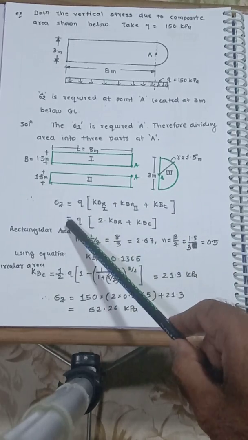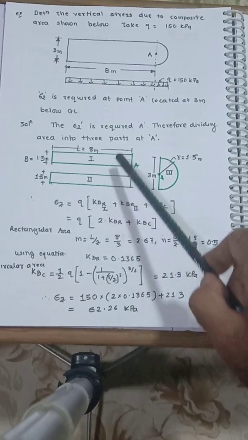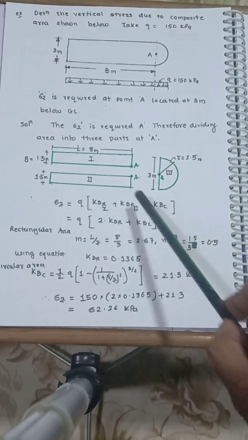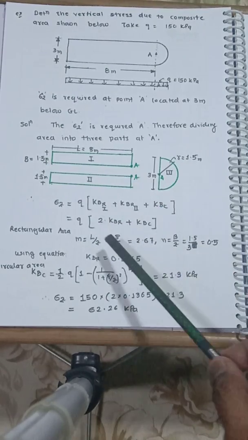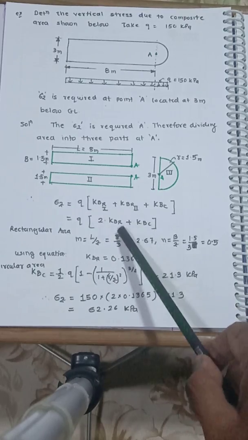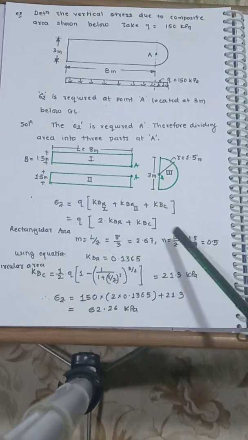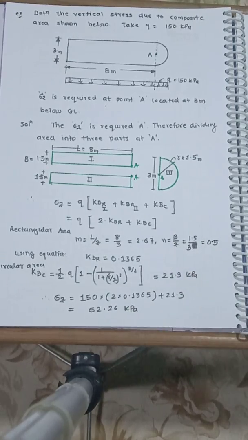So finally sigma z is equal to q times Kbr for the first, Kbr for the second, plus Kbc for the circular. The first two have the same geometry, so I can take 2 times the influence factor for the rectangle plus the influence factor for the circle. Of course this will be the half.